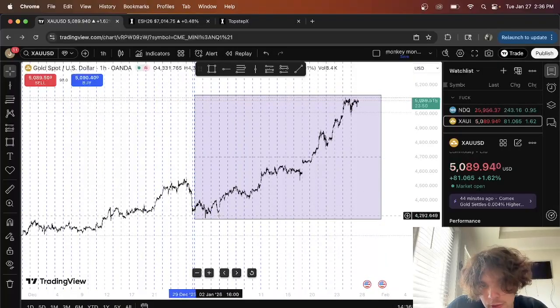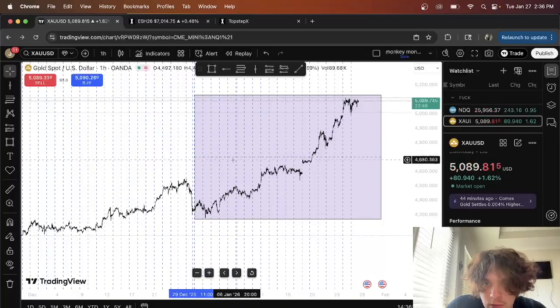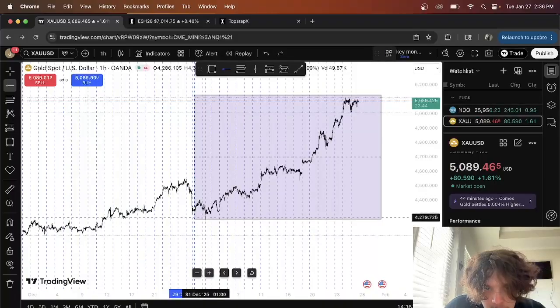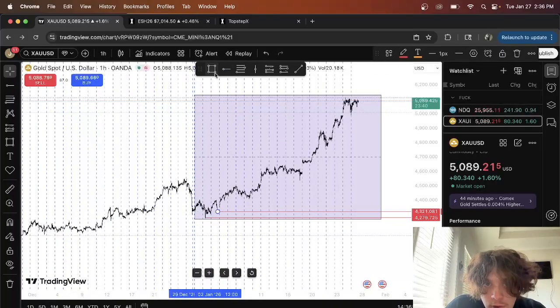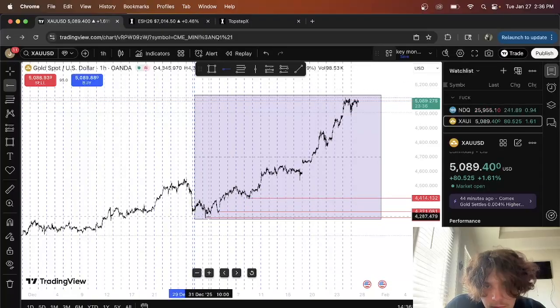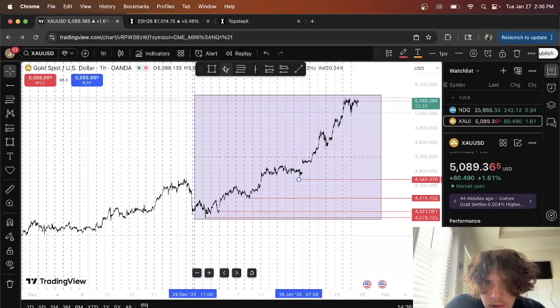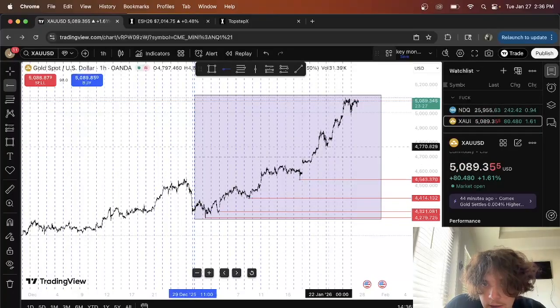Yeah, sure, there are little points where it gets lower, but it never goes lower than the first lowest point, or than any of these significant lower points, meaning the trend is still staying the same.